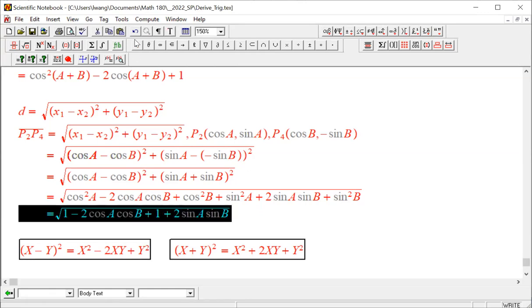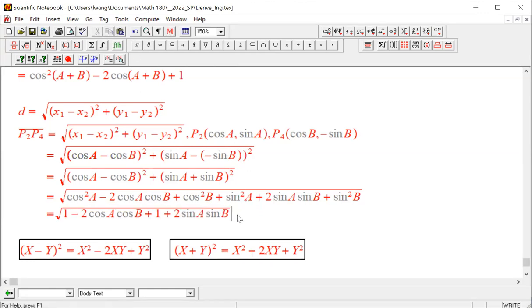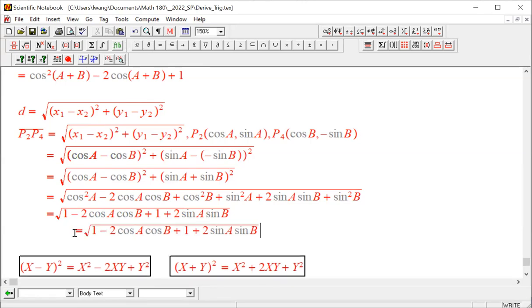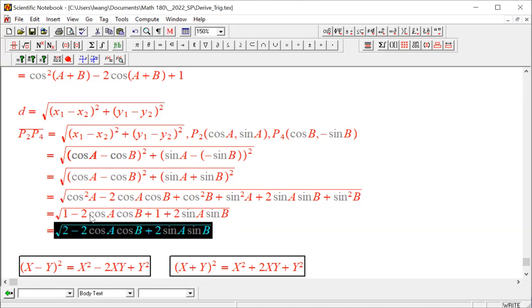And what is more, if we add the two ones, we get 2, and this 2 is combined with the other one. Okay, so we got this. So now we get P2, P4 equals this guy, which is simplified.